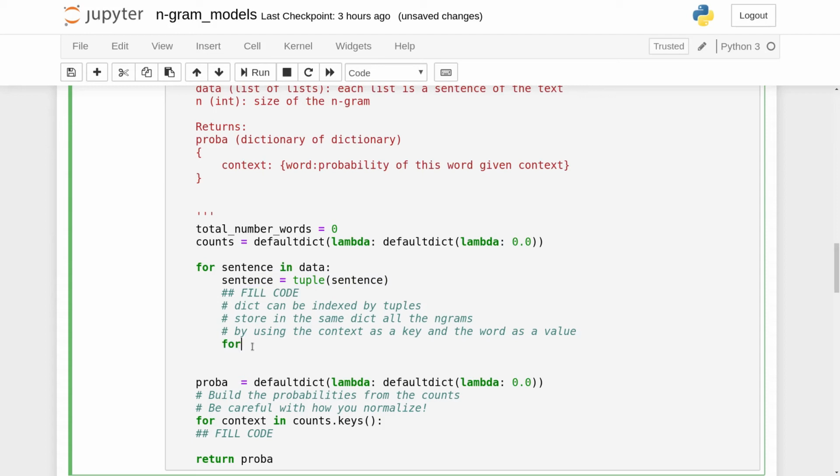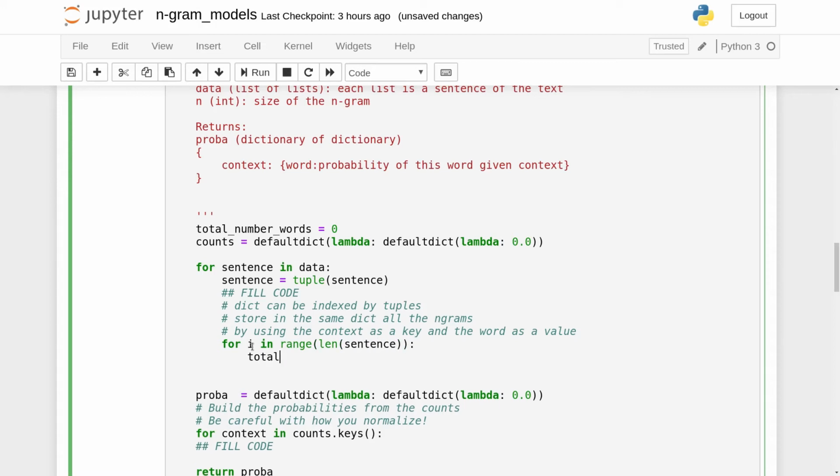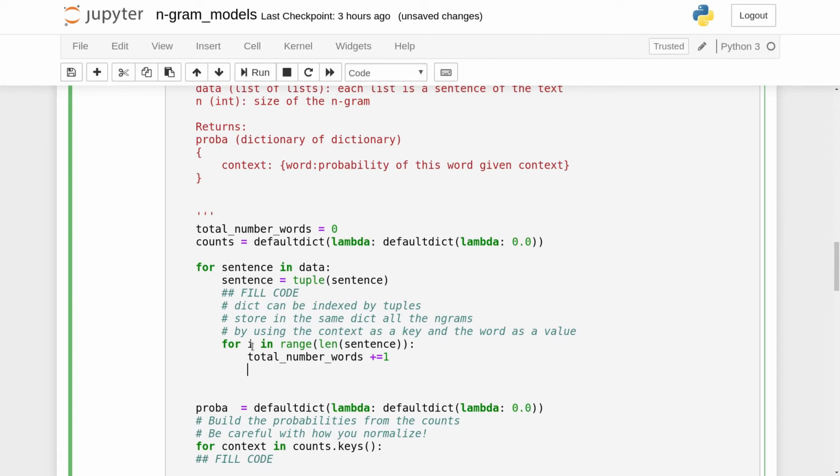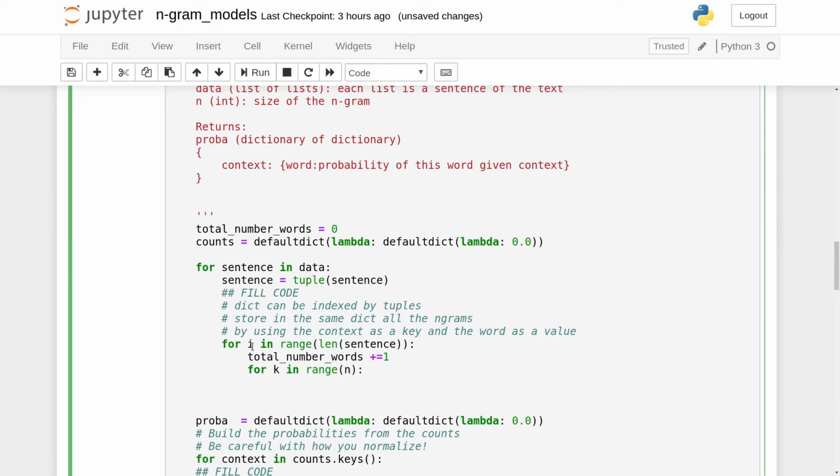Okay, and now for i in range len of sentence, total number of words plus equals 1. We just need to calculate the total number of words. And now for k in range n, because I'm going to populate my dictionary with the n-gram, and then the n minus 1 gram, and then the n minus 2 gram, until I reach 1.